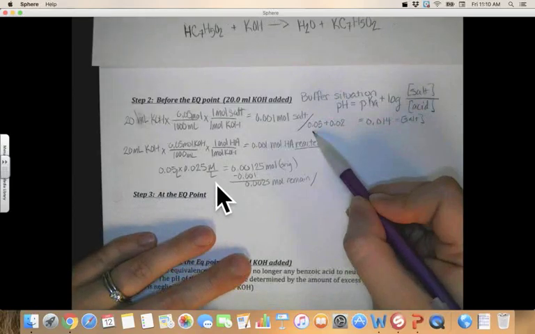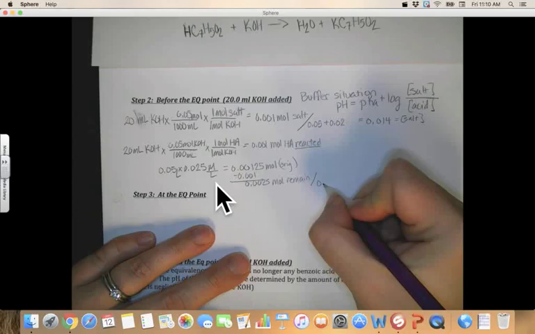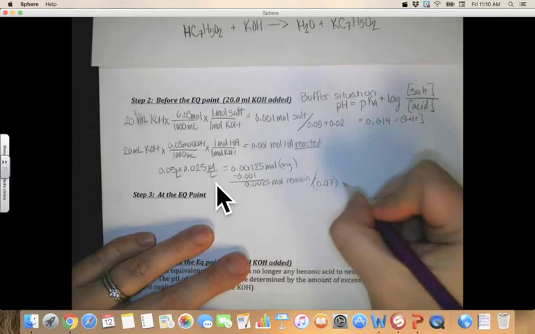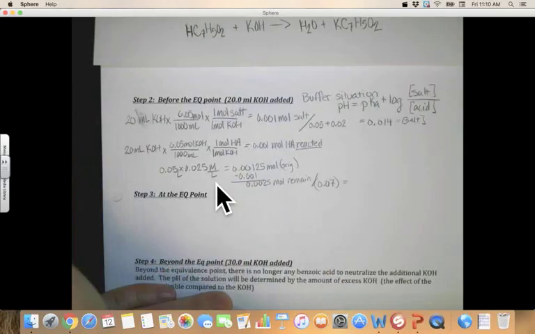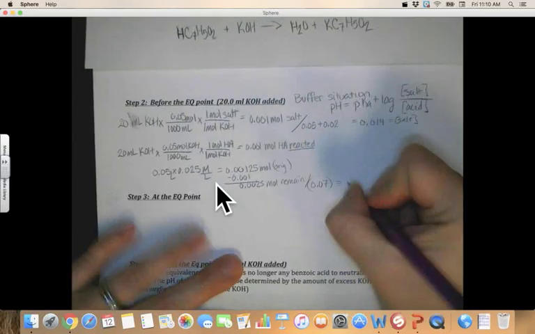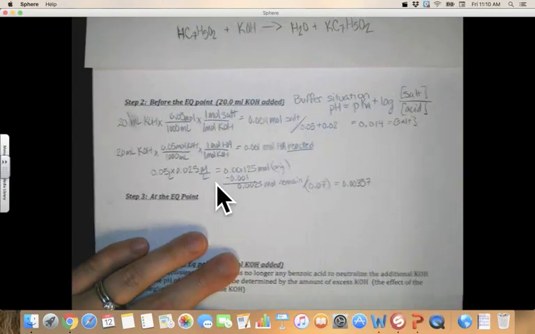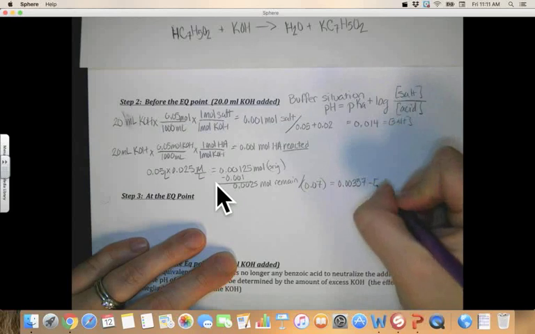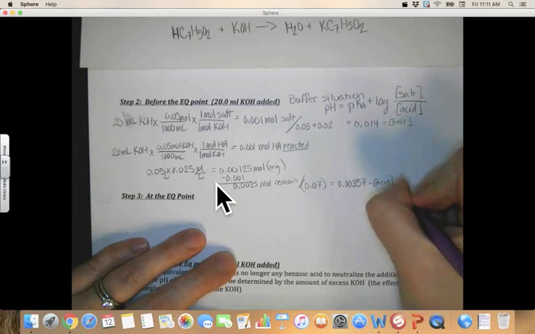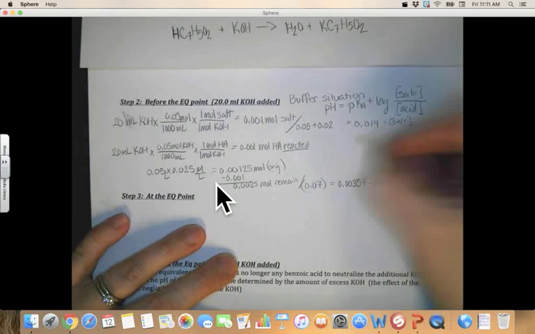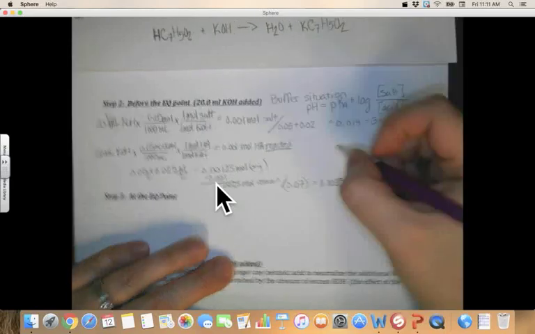be the 0.05 plus 0.02, so my current total volume. And that's 0.00357, and that's my concentration of the acid. Alright, so, I'm running out of room.